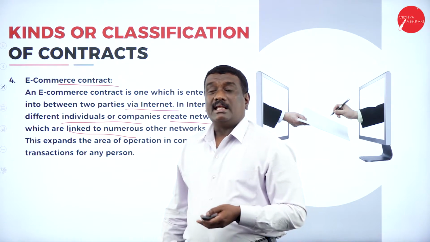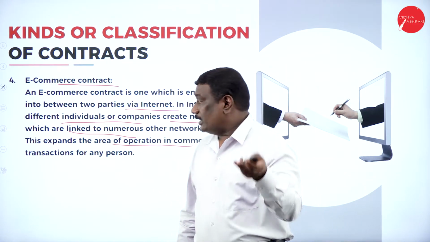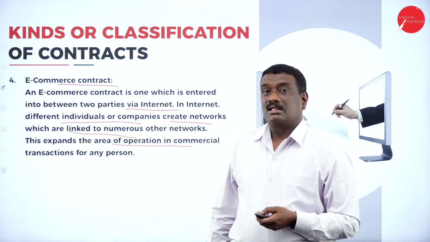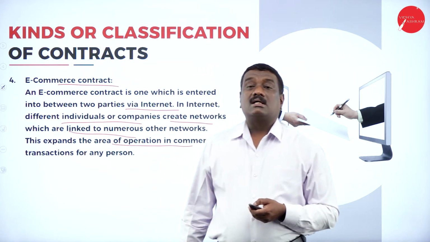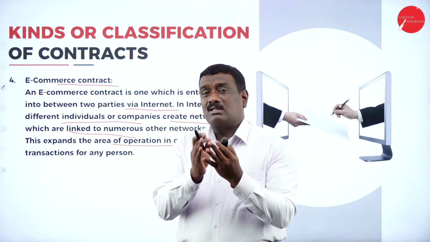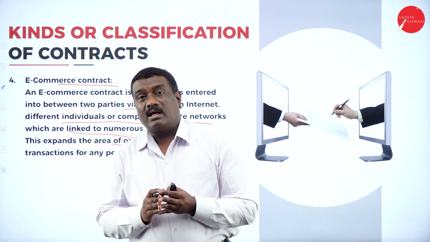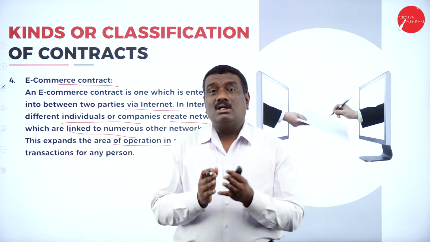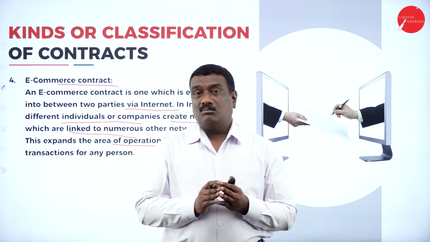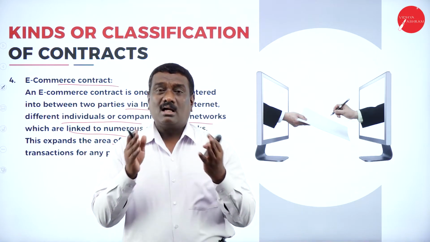That particular network will be linked to numerous other networks, and thereby it expands the area of operation of the transactions in which they operate. So I'll explain once again. In simple words, an e-commerce contract is a contract where you are not going to make the agreement between the parties by physical means, but it will be done through electronic mode, that is, via internet.